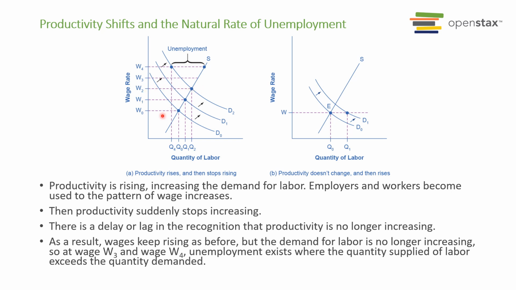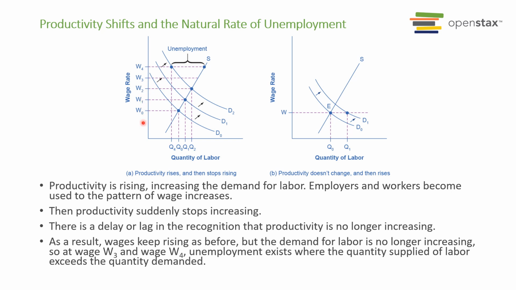So workers and employers continue to believe that the wage is going to rise as a result of this because they don't really understand how productivity rises can be temporary. So there's going to be an expectation that the wages are going to continue rising.